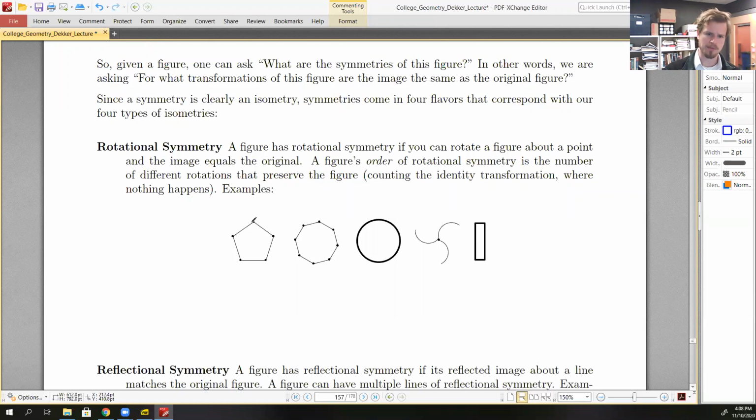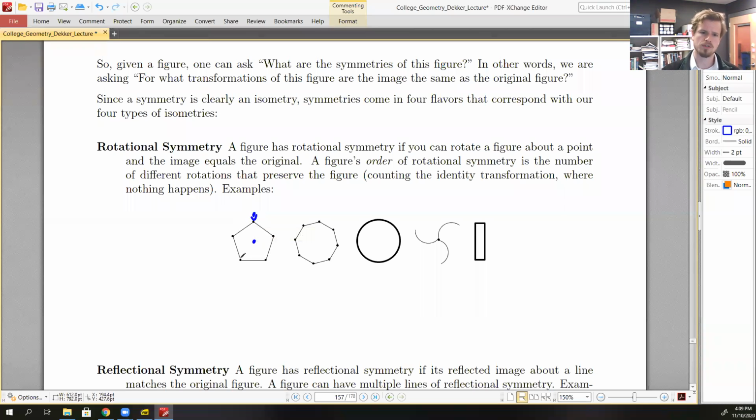If I look at what happens to this point right here, I can rotate this object about that point so that this point ends up here, or here, or here, or all the way back to here.